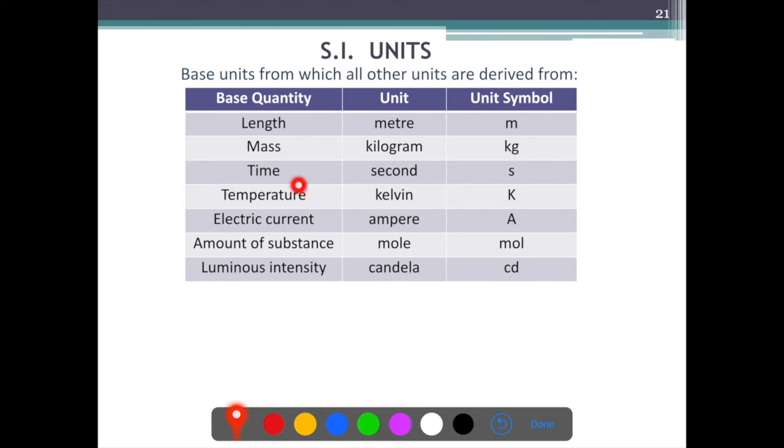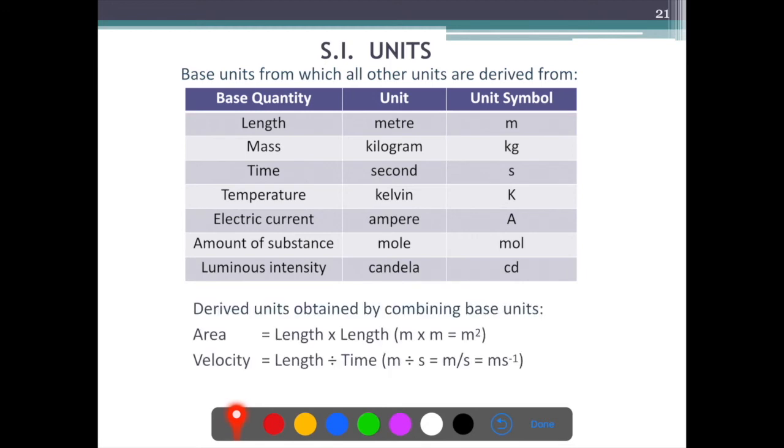Later on in the course, we will be talking about temperature, and the SI unit for temperature is Kelvin, capital K. I think for these 3 units, we will not use them so much in this course, but it's just good to know these base units for these quantities as well.